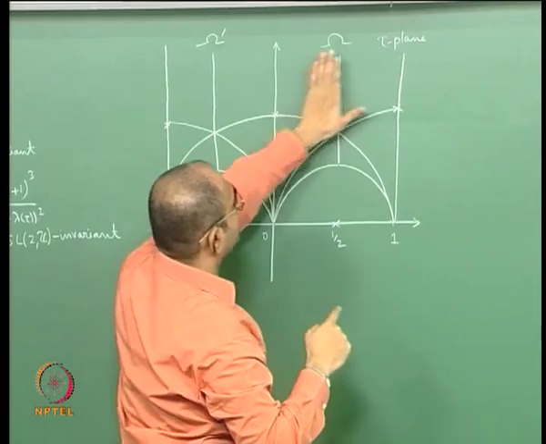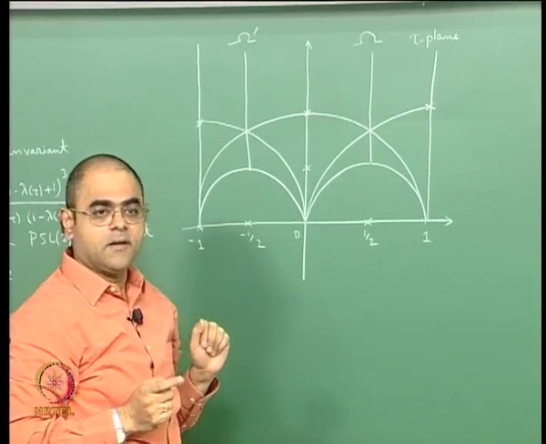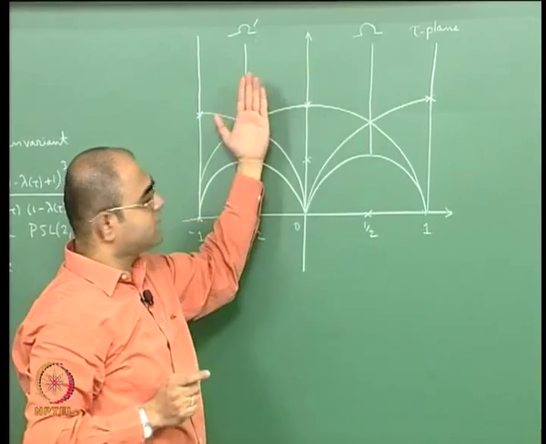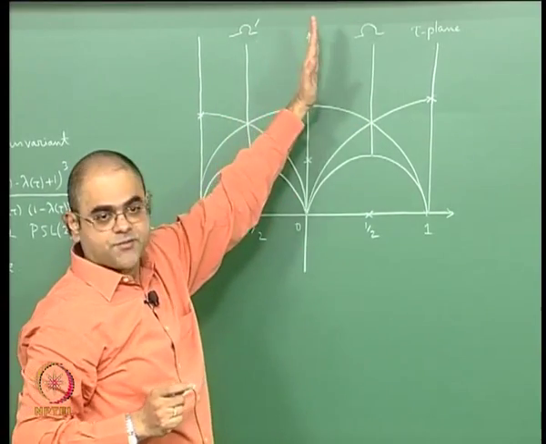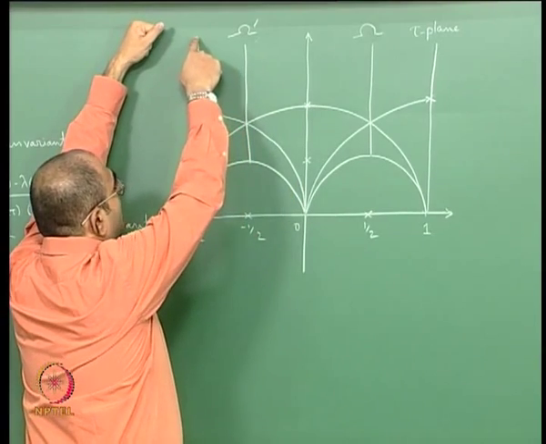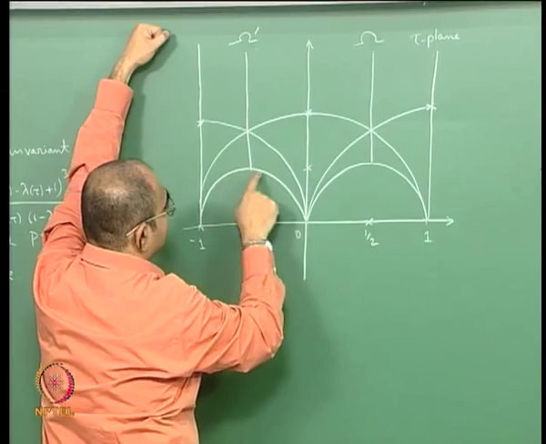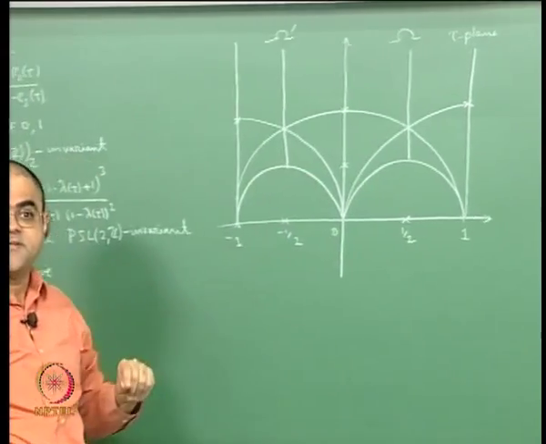So all of this is omega, and omega prime is just its reflection about the imaginary axis, namely omega prime is the open set bounded on the left by this line, on the right by this line, and below by this semicircle.